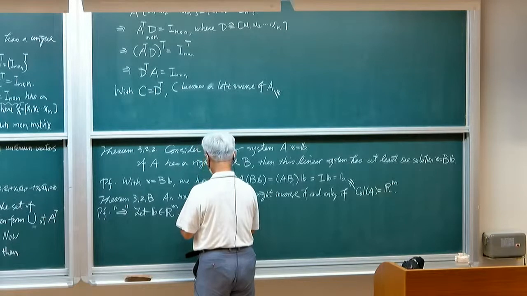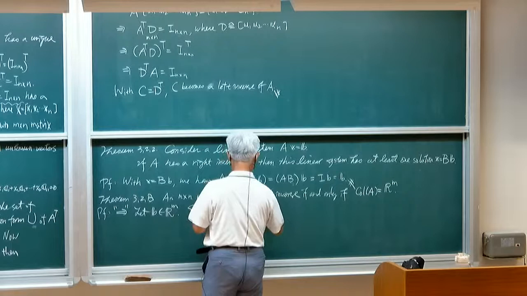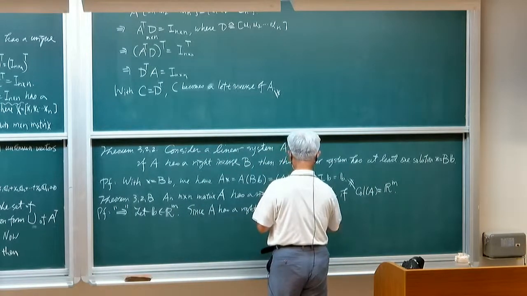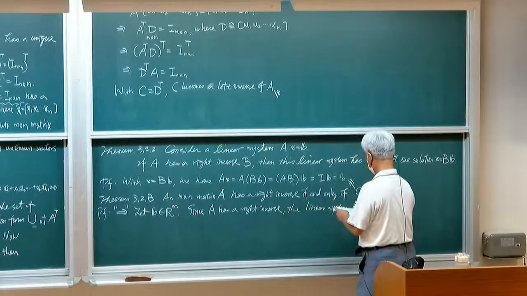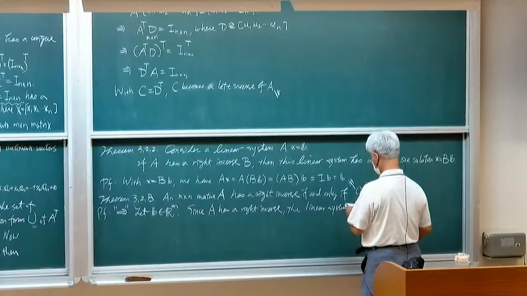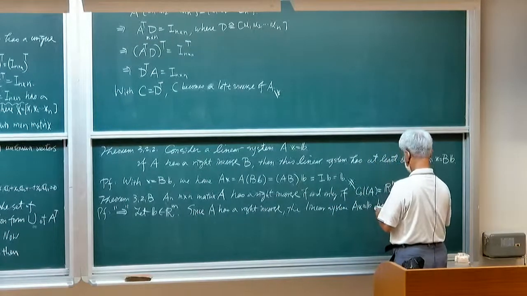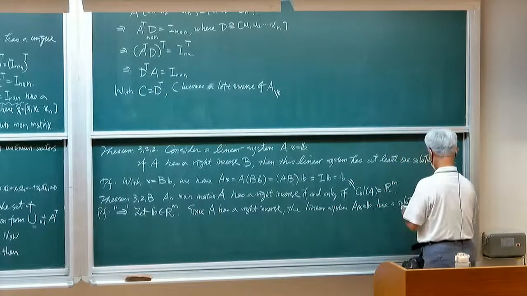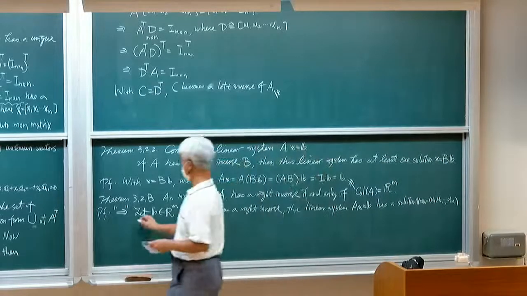Since A has a right inverse, the linear system Ax equal to b has a solution by the previous theorem.